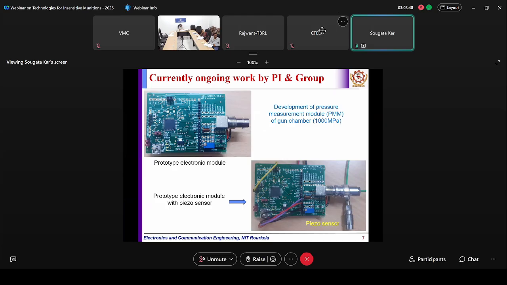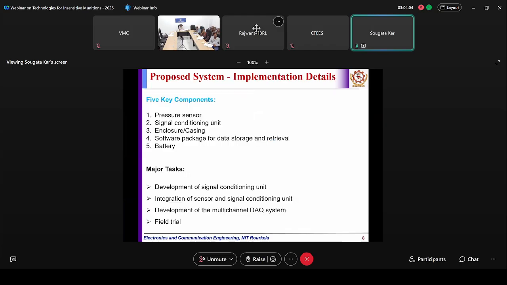This is the first prototype we have developed, and we want to develop a similar prototype for this proposal, for blast pressure measurement, where the pressure range will be defined and a different piezo sensor can be used. There are 5 components: the sensor, the signal conditioning unit, an enclosure able to withstand the blast pressure, a software package for data storage and retrieval, and the battery.